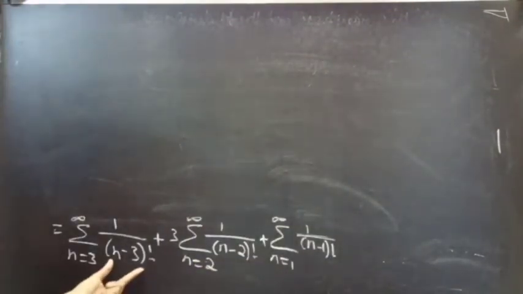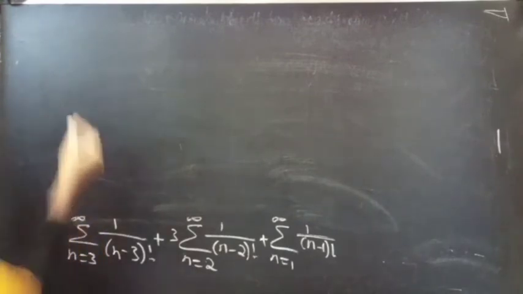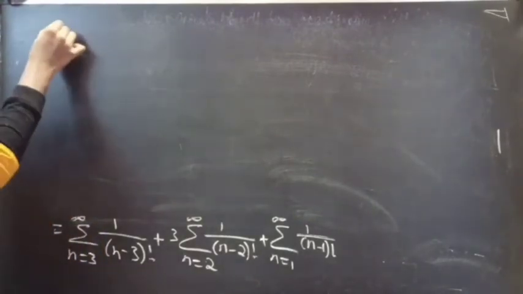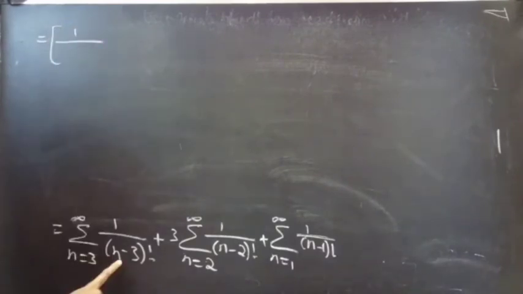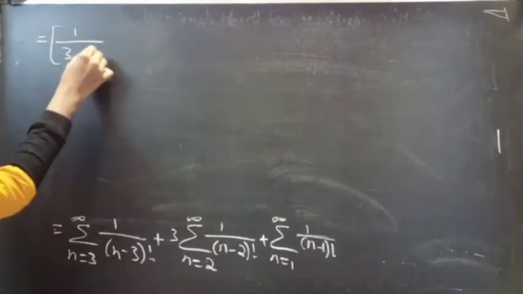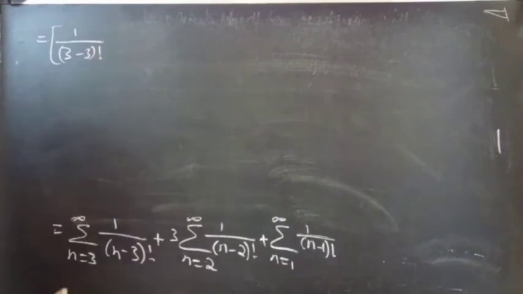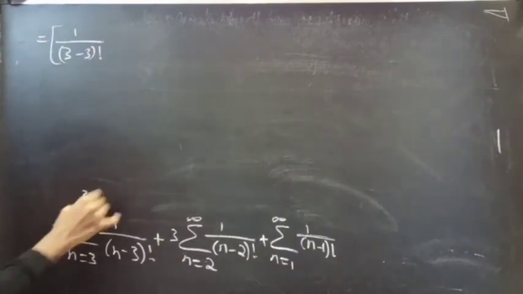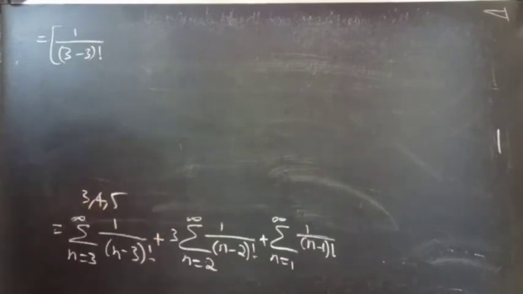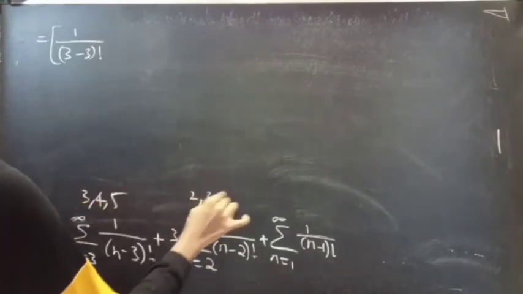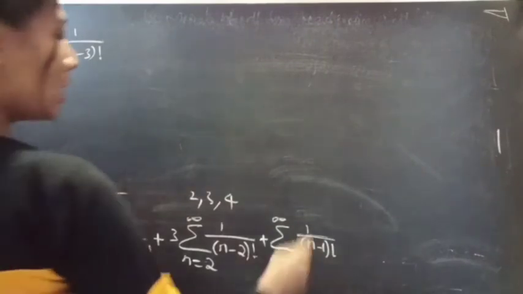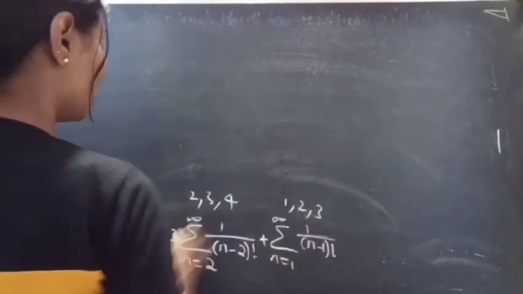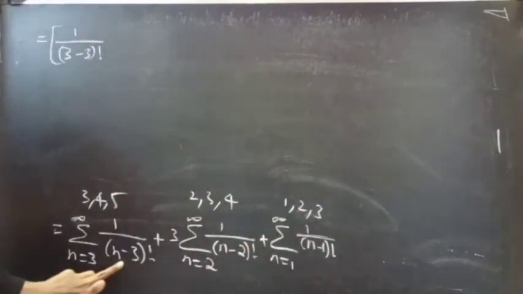Now we'll write the first terms for n equals to 3 to infinity. So this equals to 1 by, put n equals to 3. We'll be writing the first 3 terms. For the first 3 numbers, 3, 4, 5, and here you're having 2, 3, 4, and here 1, 2, 3.